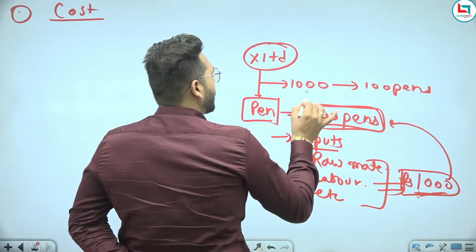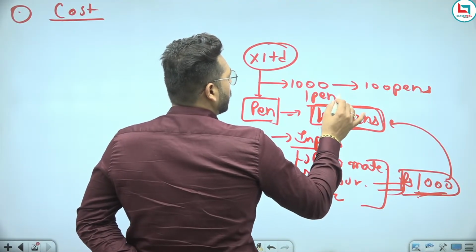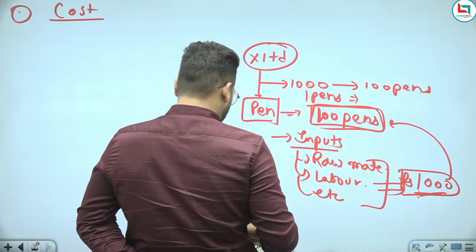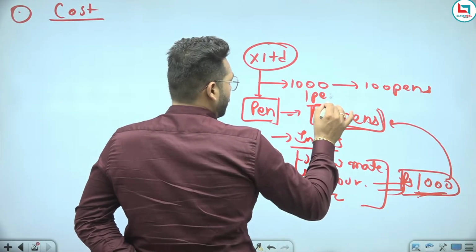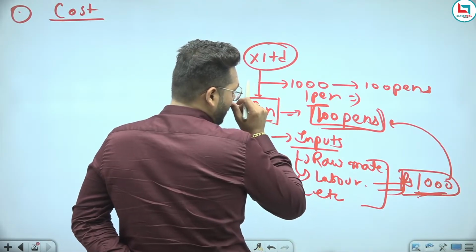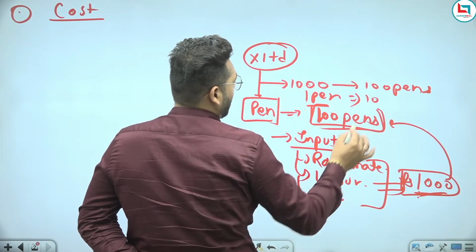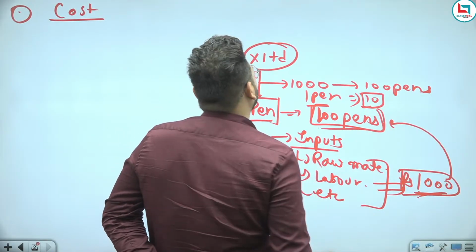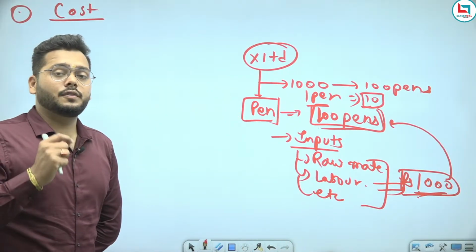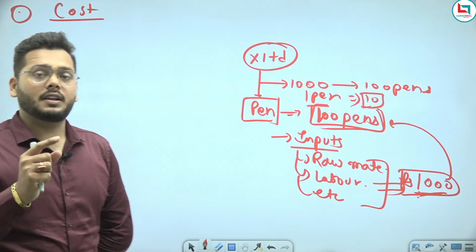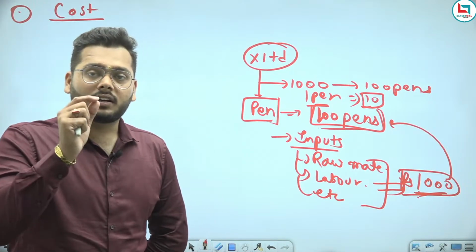So we can say one pen costs 10 rupees. It means if you want to produce one pen, you have to spend 10 rupees.